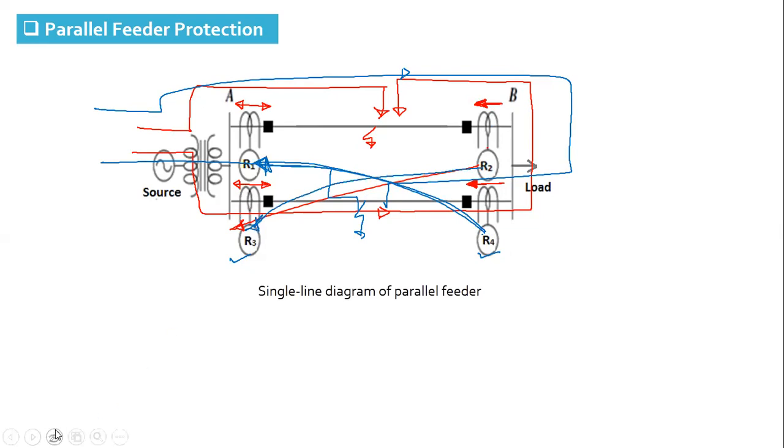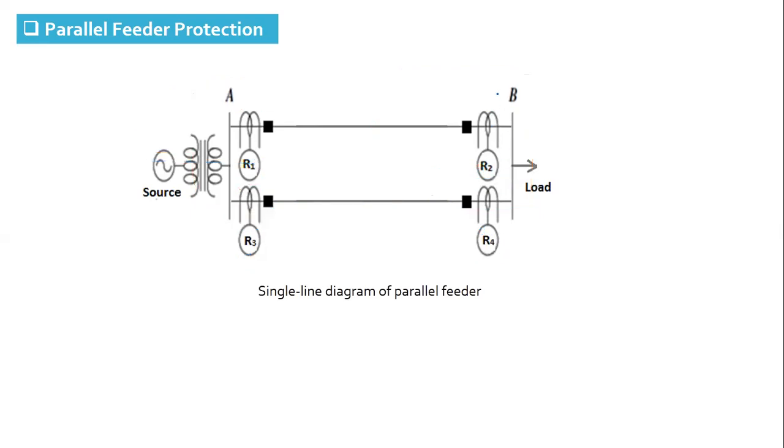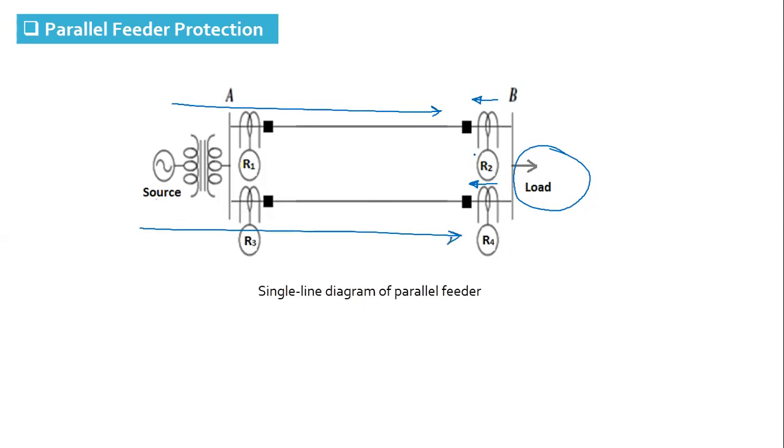One more point you need to understand: relays R2 and R4, as they are directional relays, are never going to operate for any fault on the load side, because for a fault on the load side, current will flow in this direction, which is not the operating direction for either R2 or R4.